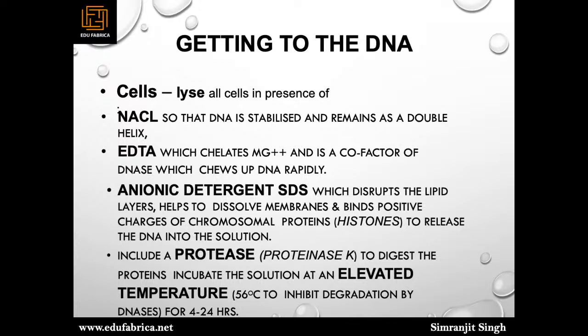Then we add protease, that is proteinase K, which digests the proteins, and incubate the solution at an elevated temperature, 56 degrees Celsius, to inhibit degradation by DNases, for 24 hours.